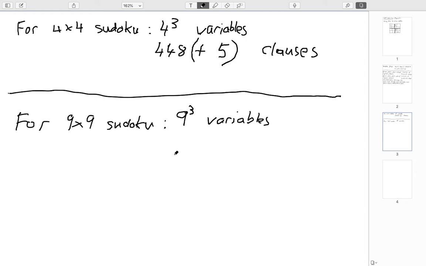And in this case, we have 11,988 clauses expressing the general constraints plus the number of initial values. So let's write that, hash for number of initial values.